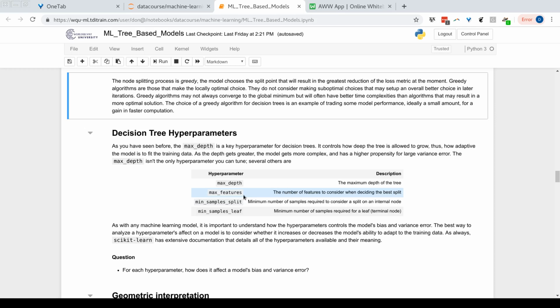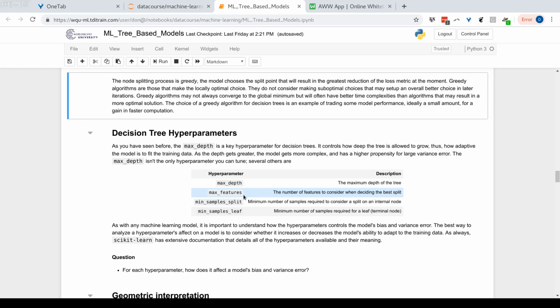But instead, the algorithm can say, I'm not going to consider all the features, I'm only going to consider a subset of them. For example, there might be 4 features in our data set, but I only consider, let's say, 2 of those features when deciding the best candidate to split my nodes.